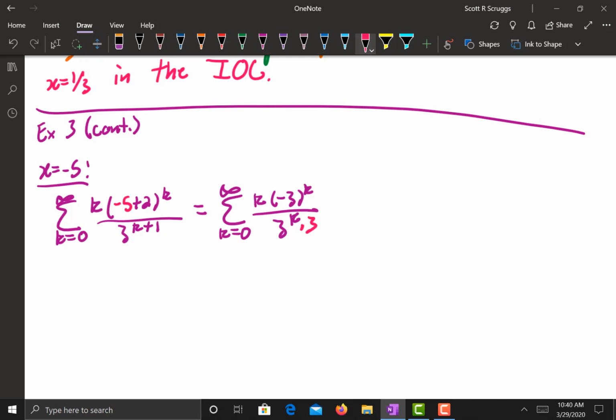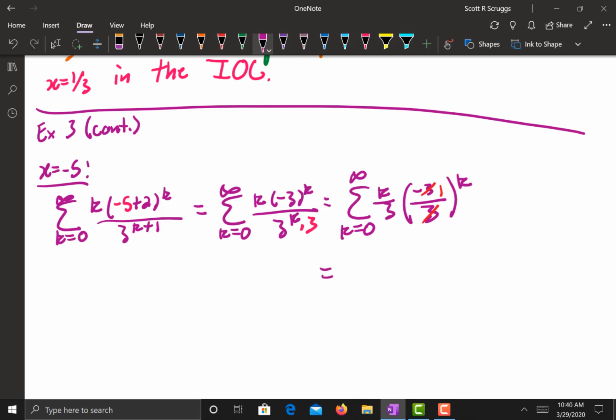But I have 3 to the k and (-3) to the k, so I can combine them to give me the sum from k equals 0 of k over 3 times (-3 over 3) to the kth power, and that simplifies down to a -1.